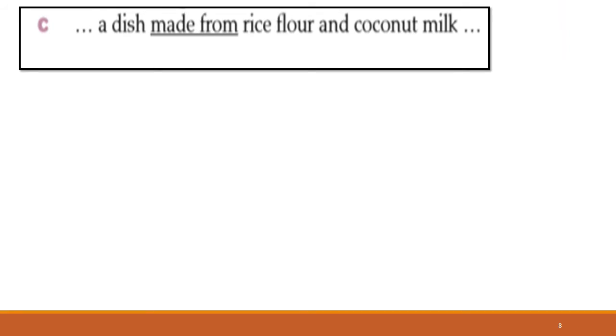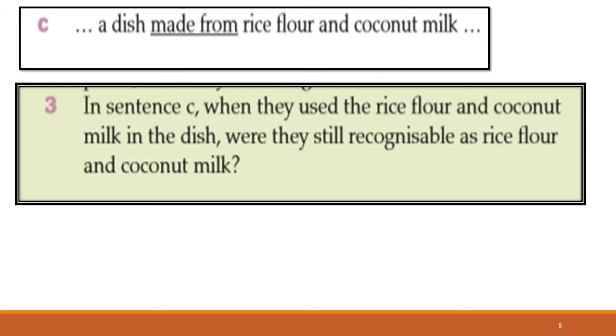The last example, a dish made from rice flour and coconut milk. Made from. My question is, when they use the rice flour and coconut milk in the dish, were they still recognizable as rice flour and coconut milk?